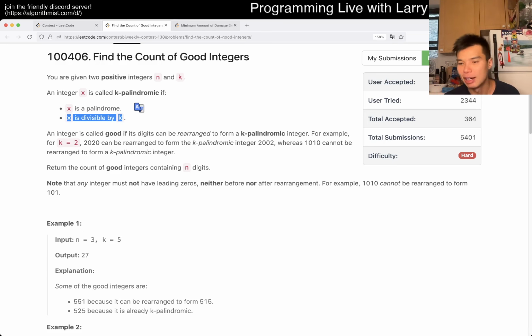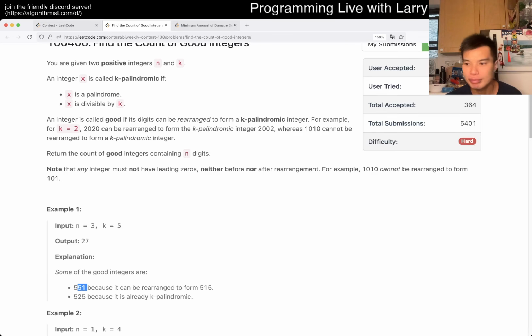For example, 110 is divisible by 5, and it can be rearranged into the palindrome 101, but I did it in the wrong order in understanding it. So I spent about half an hour, or maybe 20 minutes, fixing this. If you watch the live portion, you could see my thought process until I finally figured out that I was reading the wrong thing.